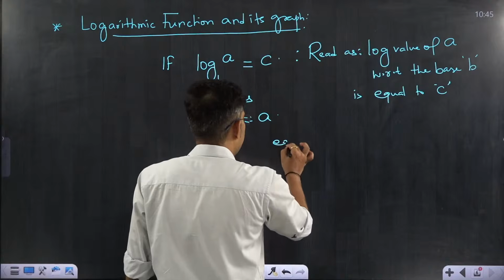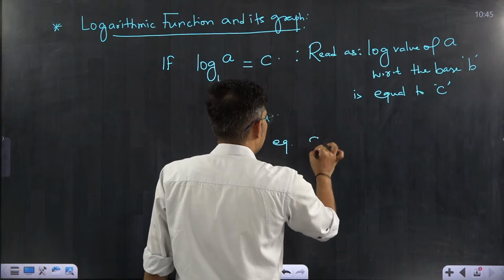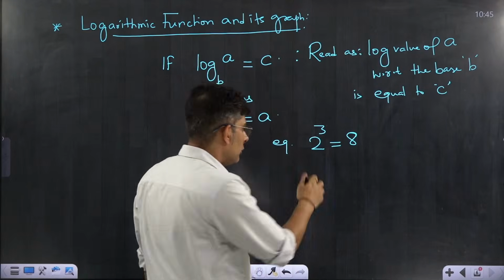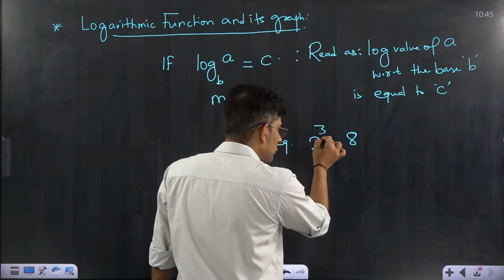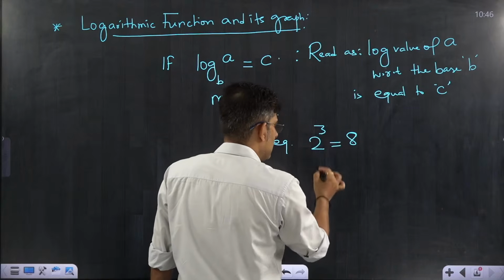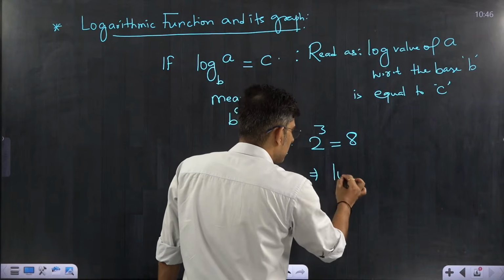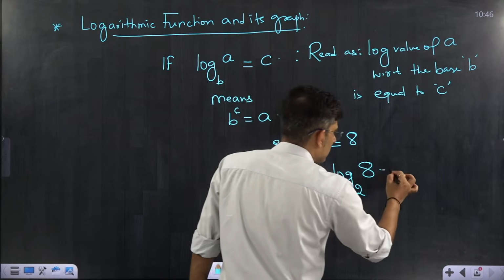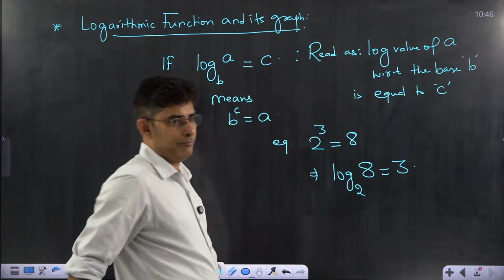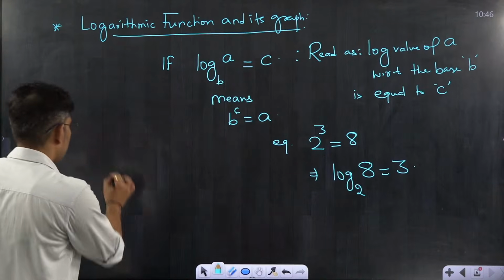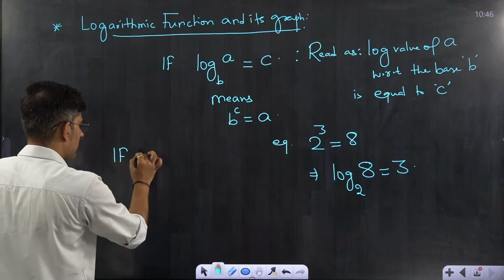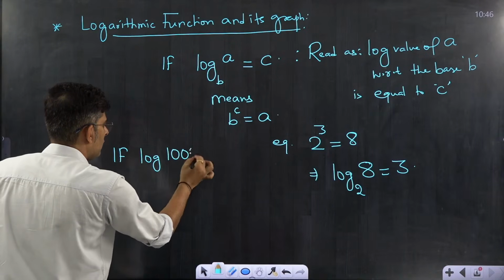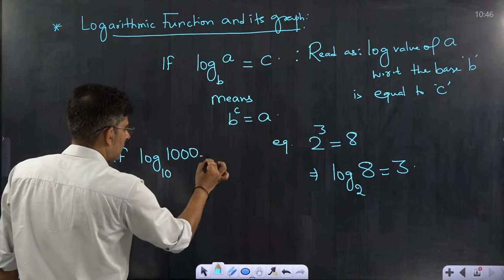Example, 2 cube is 8. So we know what is the power of 2 which is giving you 8? It is 3. We can represent it as log value of 8 to the base 2 is equals to 3. Or if they say what is log 1000 to the base 10.